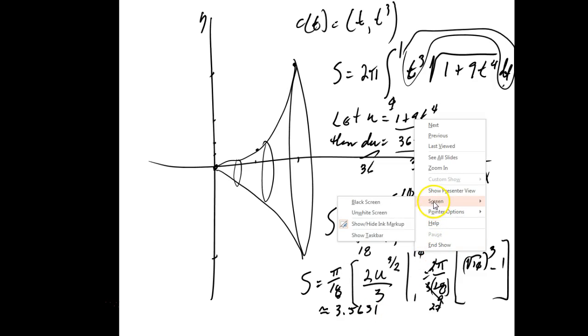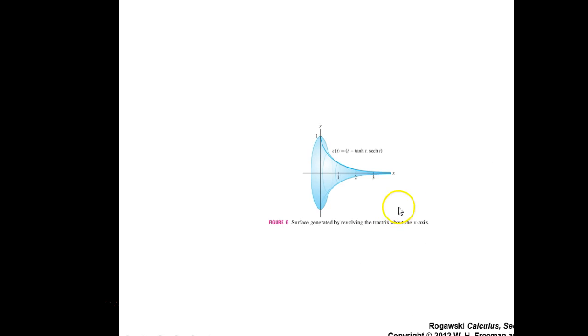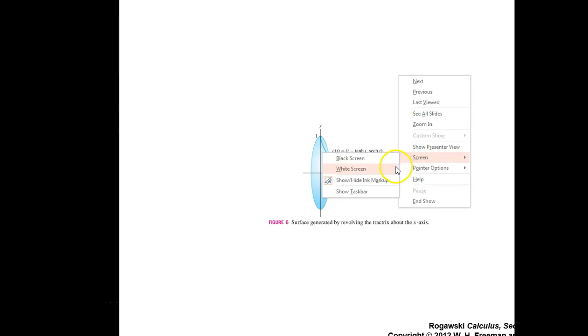So I'm going to have to unwhite my screen and white my screen, or get me a white screen. And that would be your arc length, this is little s now, is equal to the integral of the square root of x prime squared plus y prime squared of t dt.